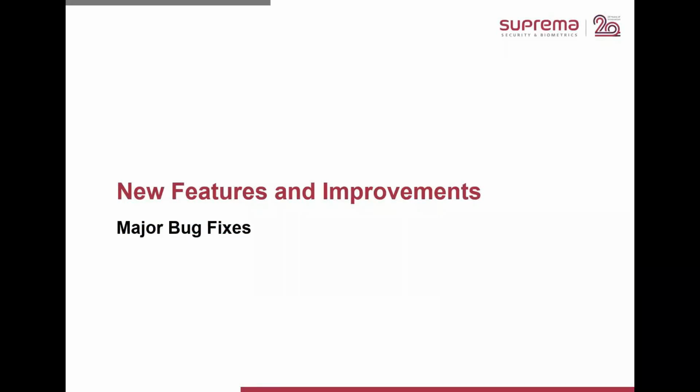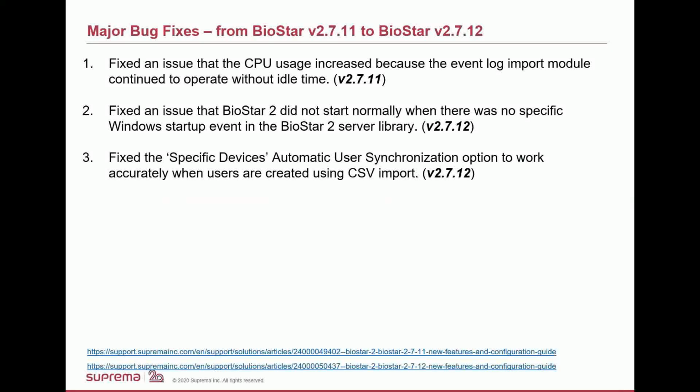From this page, we will briefly review our major bug fixes. We will check some major items only in this webinar, so please find the revision note through the Suprema website to review other items. In BioStar 2.7.11 and 2.7.12, Suprema fixed 3 major bugs.